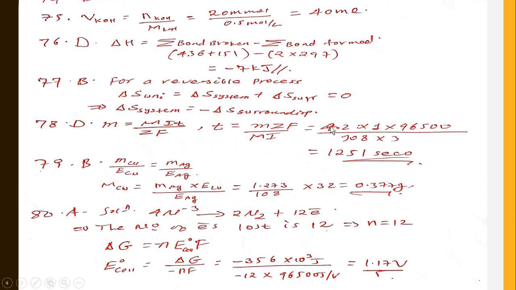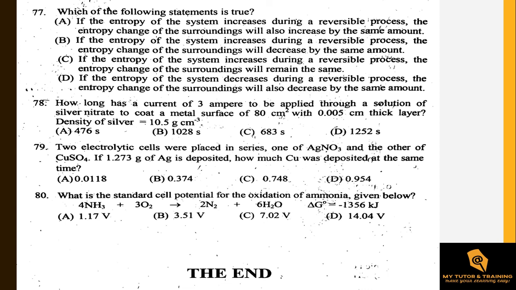Z is 1. What is F? This is Faraday's constant, 96,500, over 108 times 3, and this is equals to 1251. That is choice D, the correct answer.